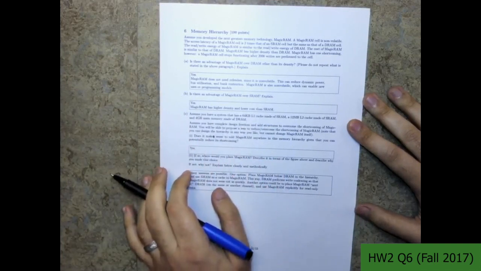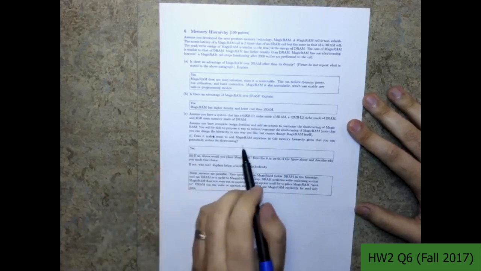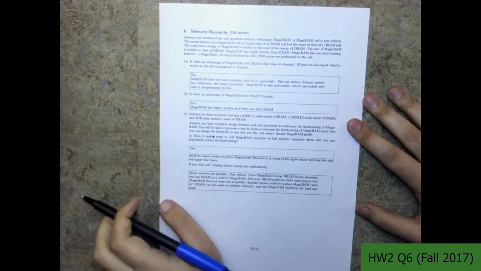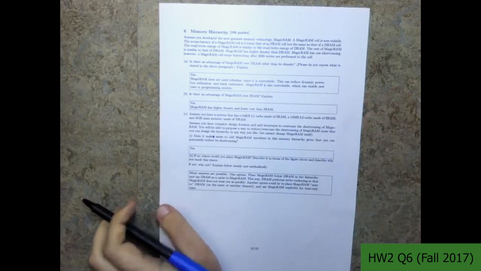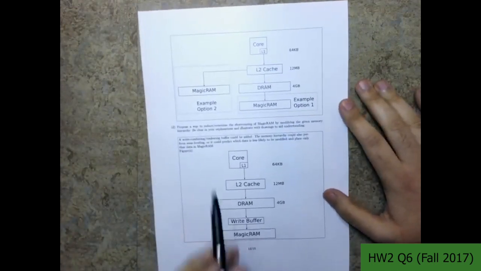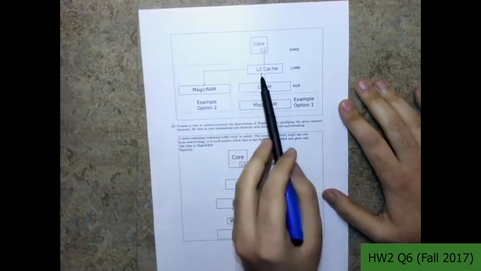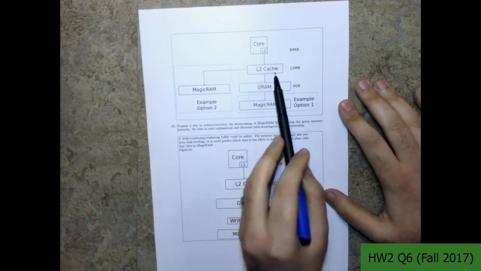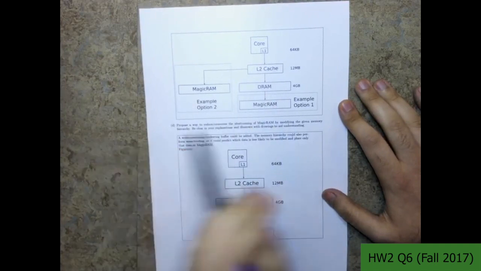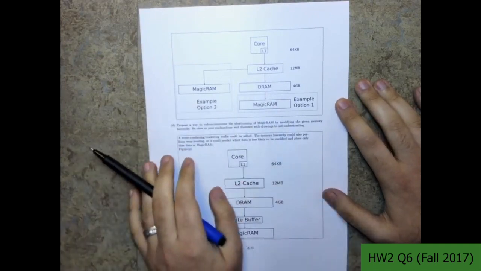In part C, it asks: does it make sense to add magic RAM anywhere in this memory hierarchy? The answer is yes. We can use magic RAM as a part of the address space in option 2. When we have an L2 cache miss, we can have a DRAM access or a magic RAM access, so magic RAM keeps part of the address space.